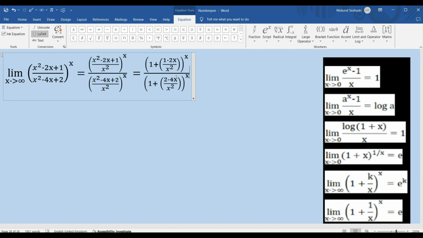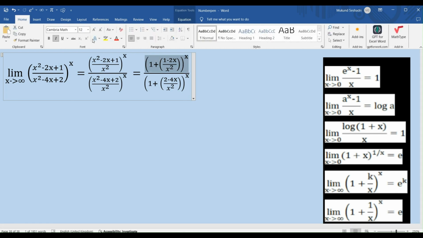Or I can also use 1 plus x to the power 1 by x as x tends to 0, right? And why is that? Let's do something which we usually do in our previous problems, especially the ones which are slightly complicated.